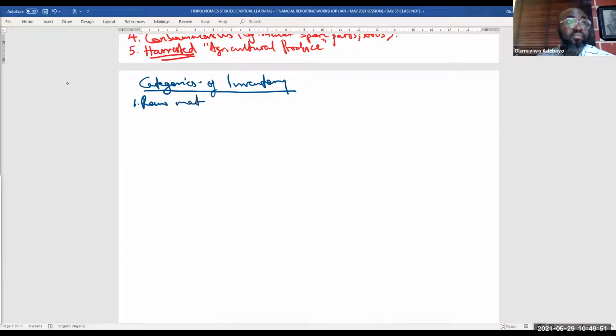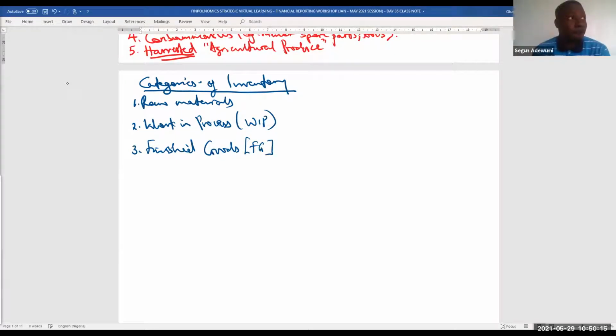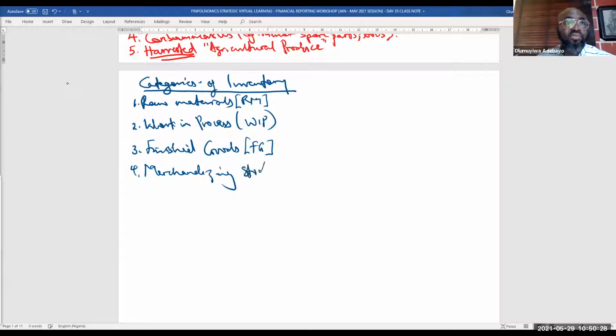Raw materials, work in process, which some people may call work in progress, finished goods, merchandising stocks, and consumables.